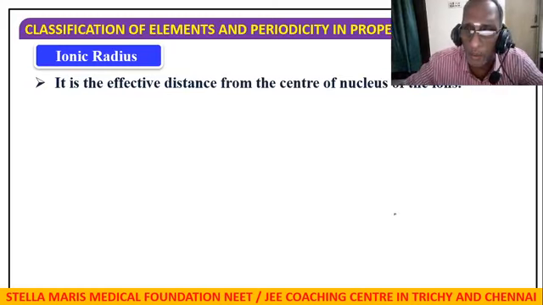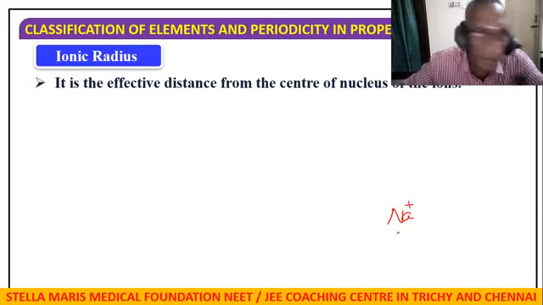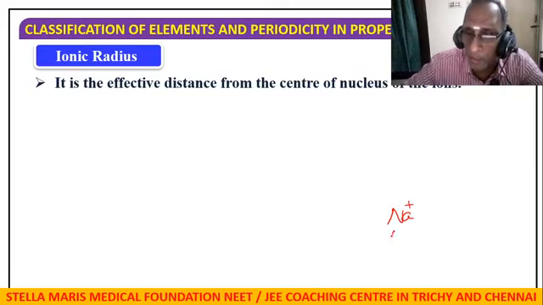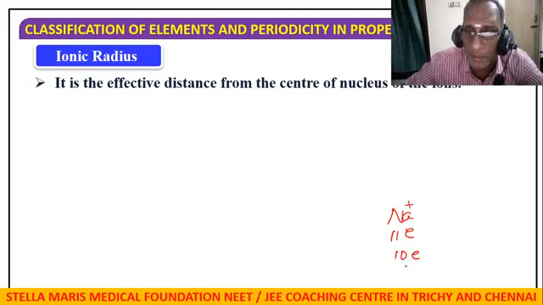For example, you have the sodium cation. Sodium atom has atomic number 11, which means it has 11 protons and 11 electrons. But when it loses one electron forming the cation, it has only 10 electrons. 10 electrons means 2 electrons in the first shell, 8 electrons in the second shell.